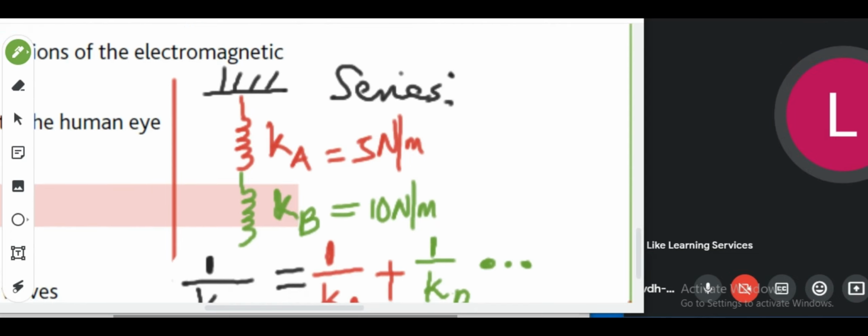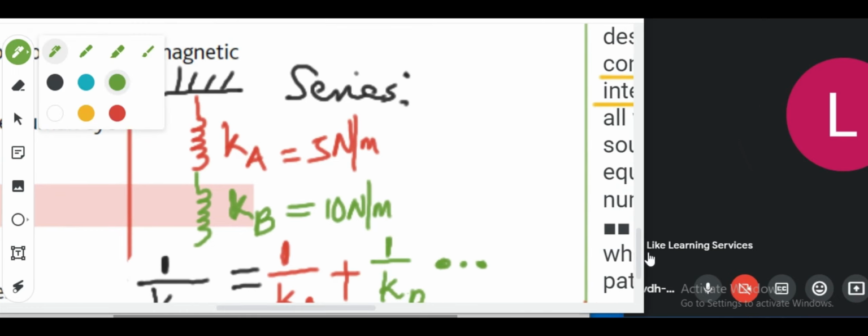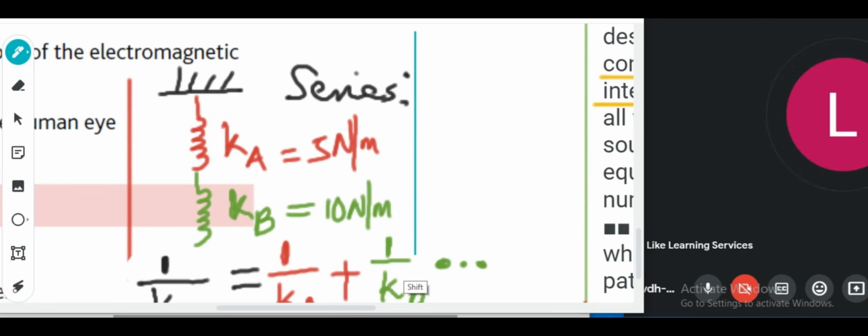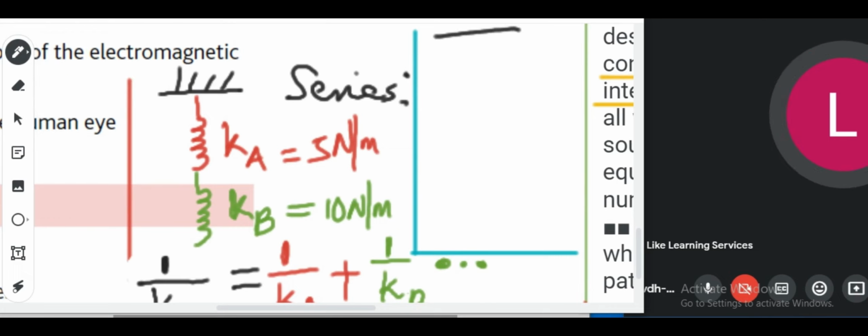Now, springs can be connected in parallel. Let's illustrate that here. We can have springs connected in parallel. This one is easier, so we don't have much to do. The springs are connected in parallel like this.